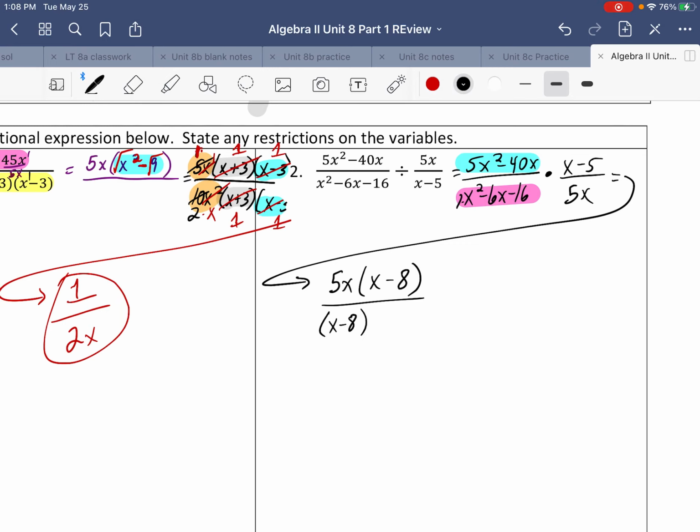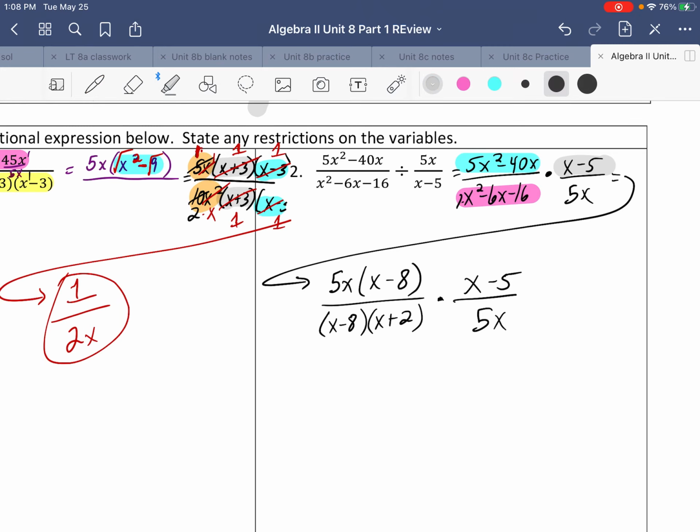That's negative 8 and positive 2. Nothing to factor with x minus 5. That's a linear binomial, no greatest common factor. And we have 5x in the denominator. That is a monomial, so nothing to simplify there.